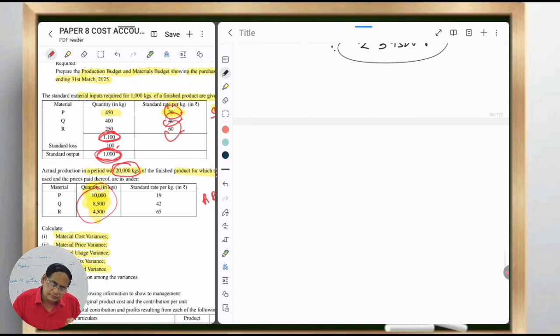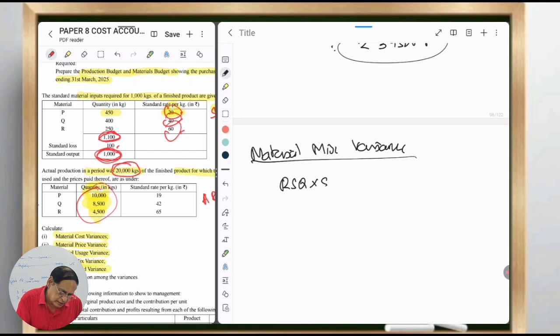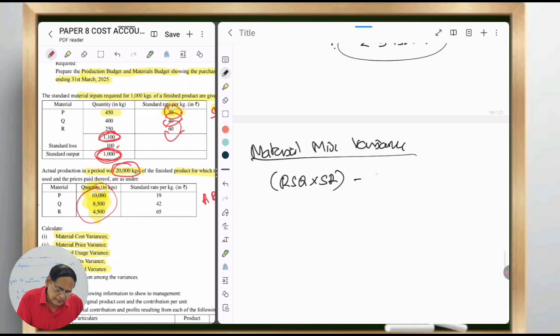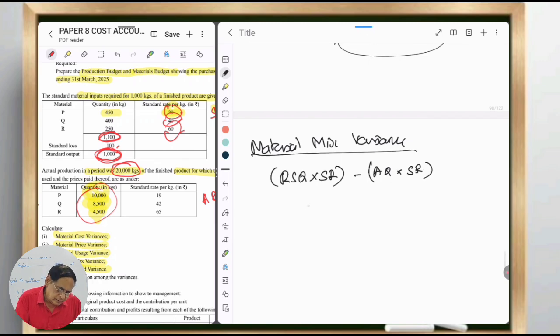Next, material mix variance. Material mix variance is RSQ into SR minus AQ into SR. RSQ into SR is 8,36,363 minus AQ into SR 8,10,000, that is 26,363 favorable.